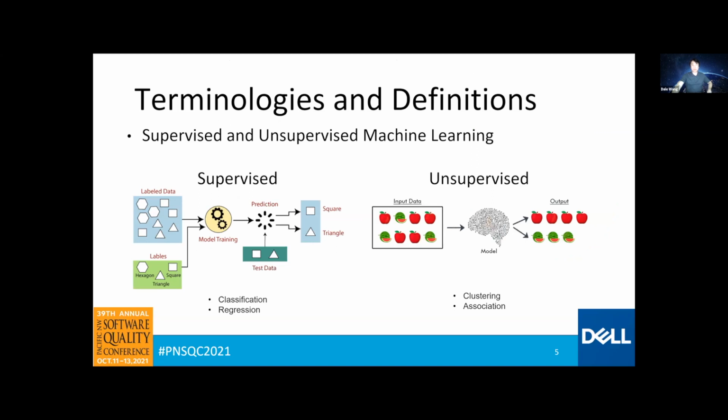And here I'm going to talk about the two major types of machine learning, supervised and unsupervised. Essentially, supervised means we have labeled data. The labels tell you what the data means.